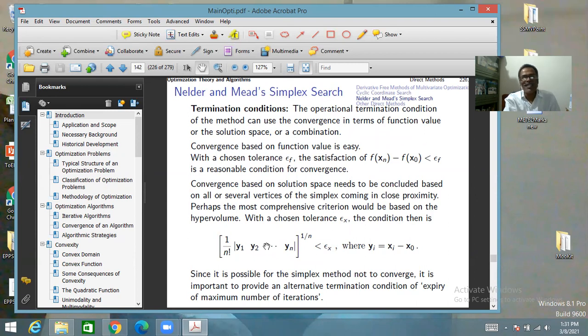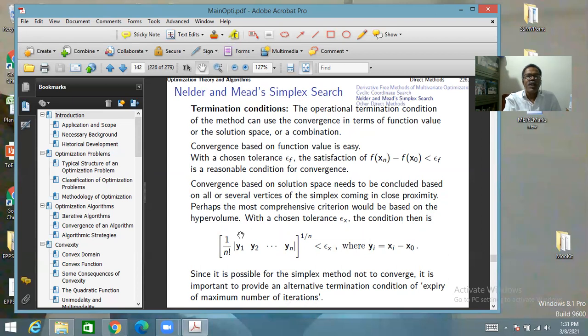So more than 1000 iterations I will not undertake under any circumstances. So it is also possible to give an additional alternative termination condition on expiry of the maximum number of iterations. That is a standard technique which is used to bring a program out of an infinite loop.